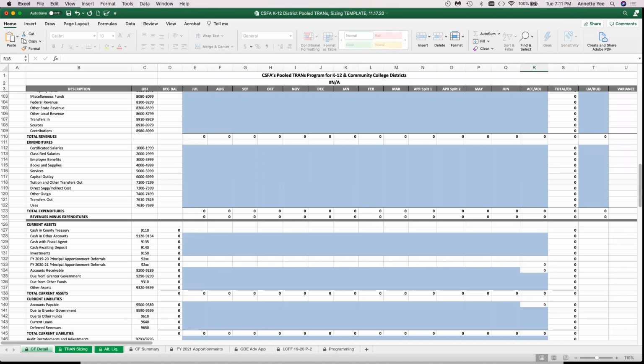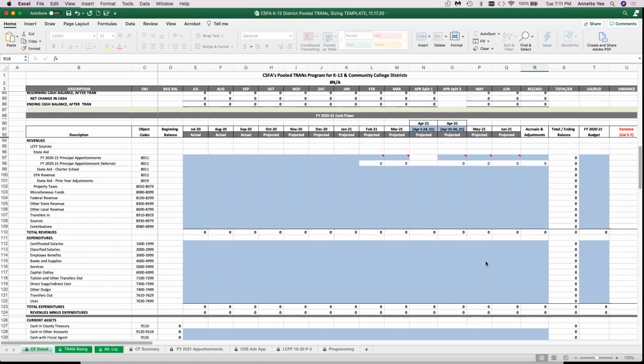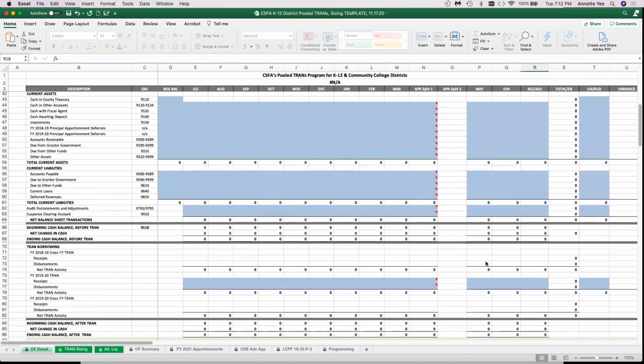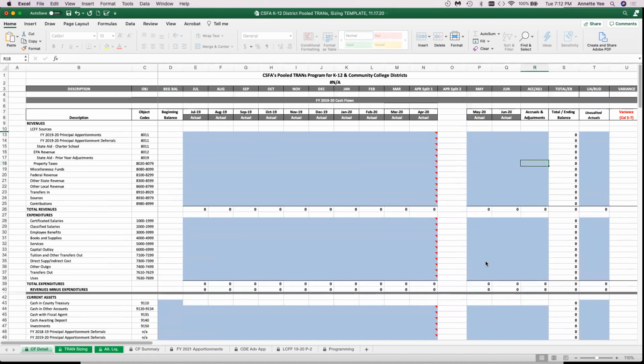After all of the years of Carolyn's and my working together, we've found that there are certain things that are particularly challenging for districts as they work on their TRAN cash flows. So we thought we'd work on a few different items that might help you as you fill in your cash flow, with a focus on the balance sheet.